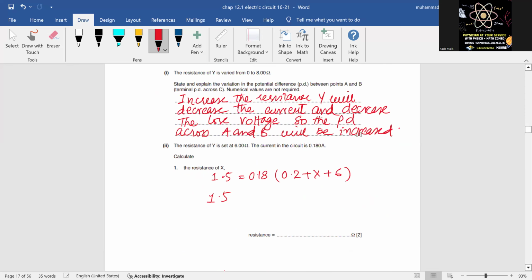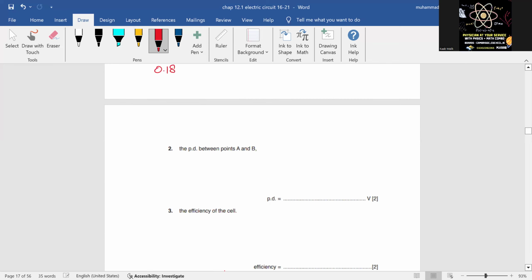So 1.5 divided by 0.18 equals 6.2 plus X. You take 6.2 to the other side, minus 6.2. How much is it? 2.13. Fine, we take 2.13. Very good. Now, let's move on.